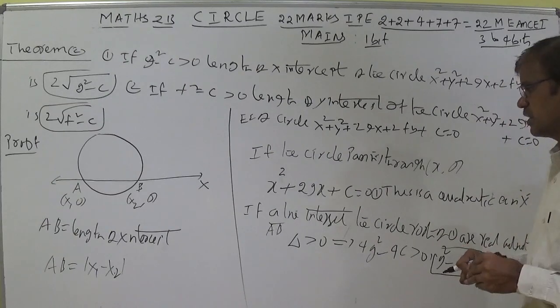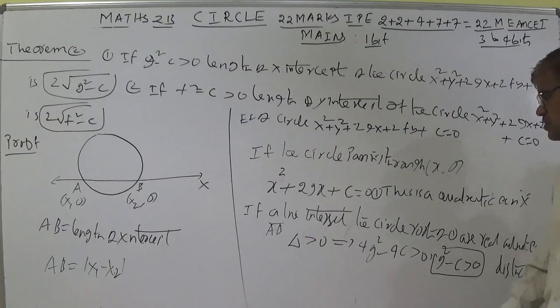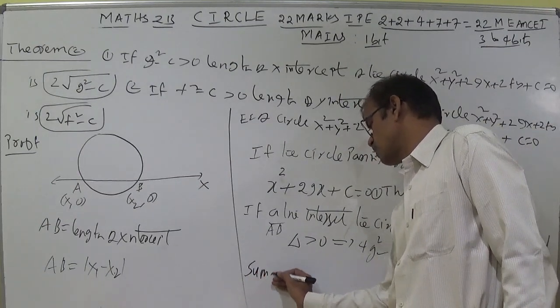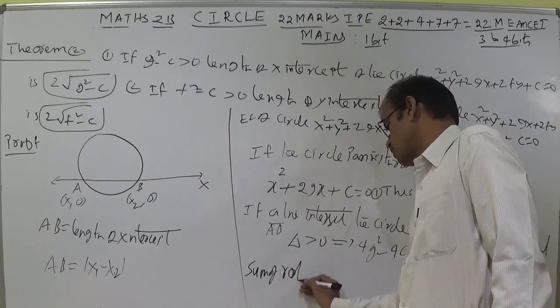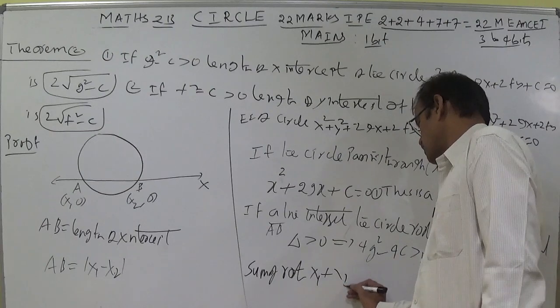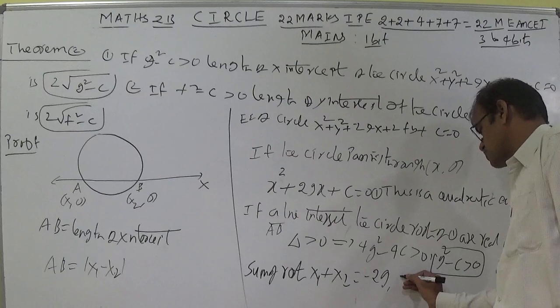Now you should calculate x1 minus x2. Using the quadratic equation, sum of roots is minus b by a, so x1 plus x2 is minus 2g.